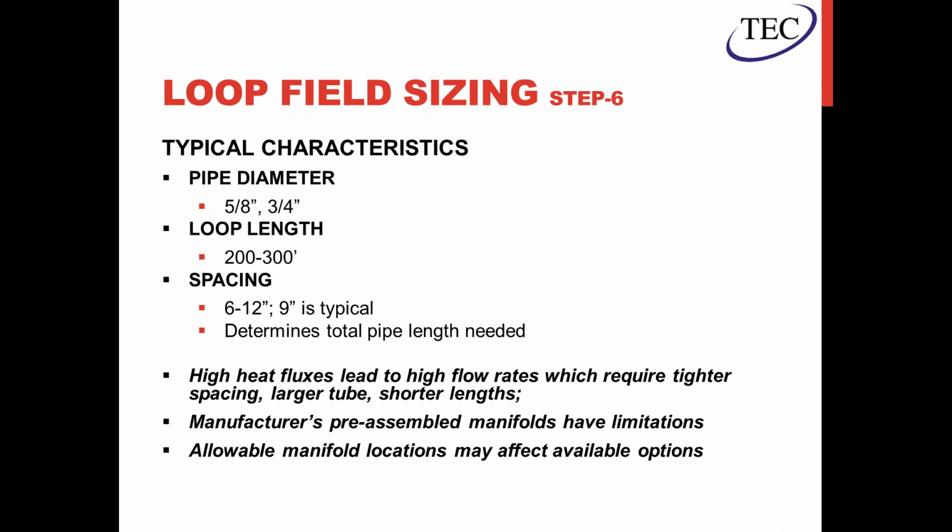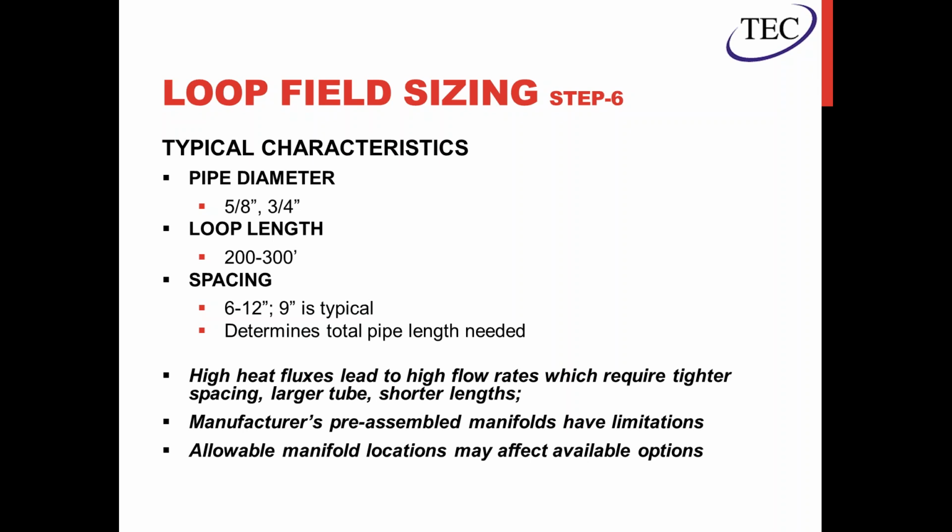We're typically looking at loop lengths between 200 and 300 feet and spacing between, sorry, 6 and 12 inches. We typically design for 9 inches on center spacing of the tubing.